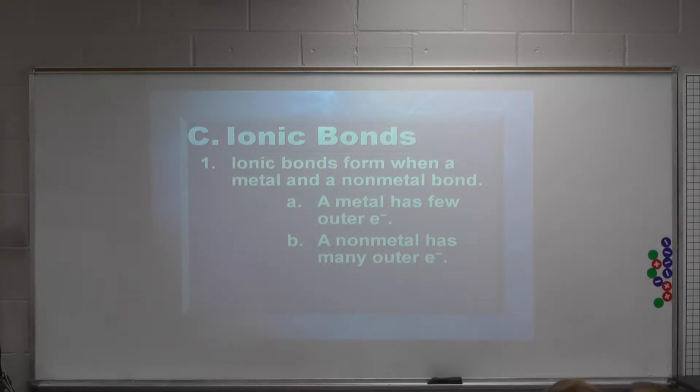In this second half of the chapter, we're going to primarily focus on ionic bonds. Does that mean we're not going to talk about metallic or covalent at all? You're still going to need to know on the next test how to identify them.